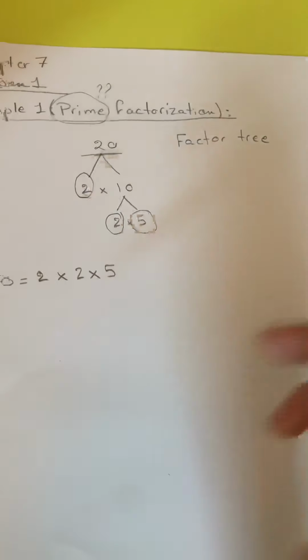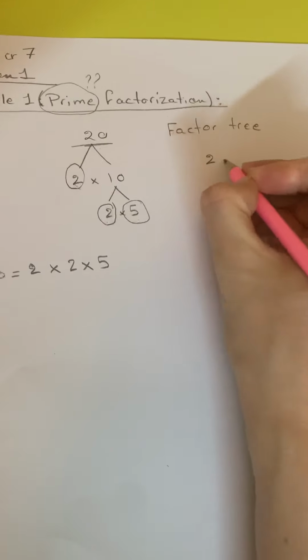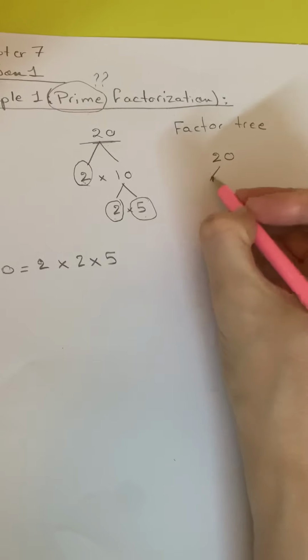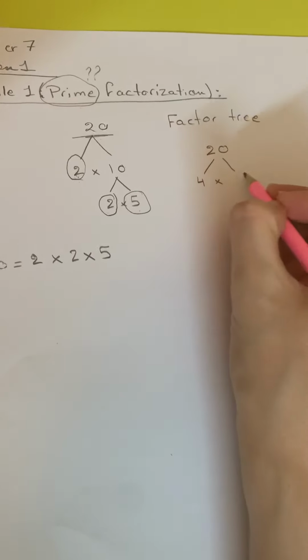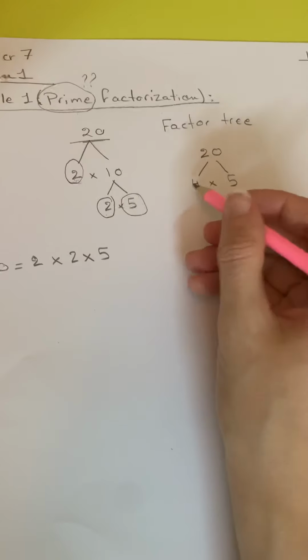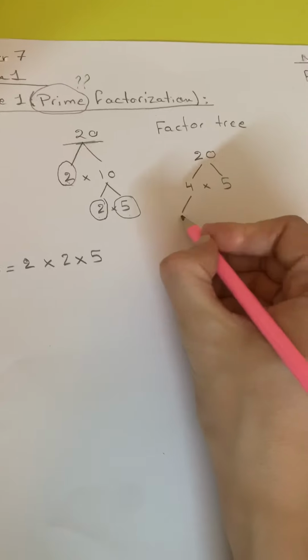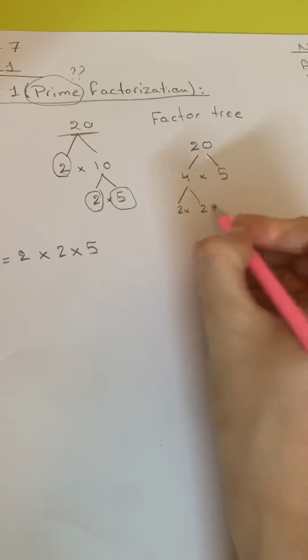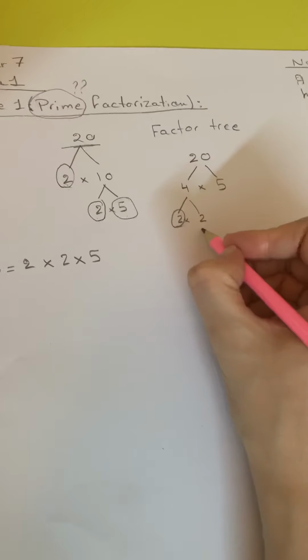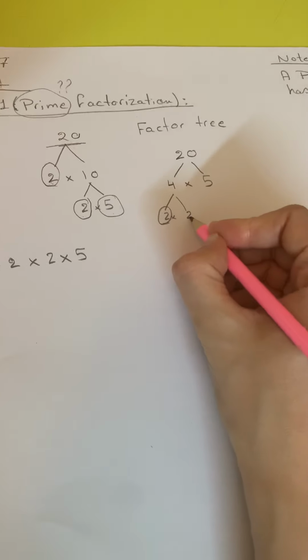Now you might ask, what if I start with a different way? Instead of 2 times 10, I want to write it as 4 times 5. Okay, let's try this way. 4, can you break it more? Yes, it's 2 times 2. 2, can you break it more? No, I put a circle. What about the other 2?